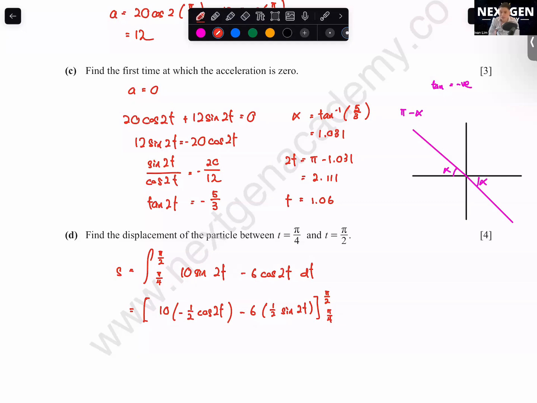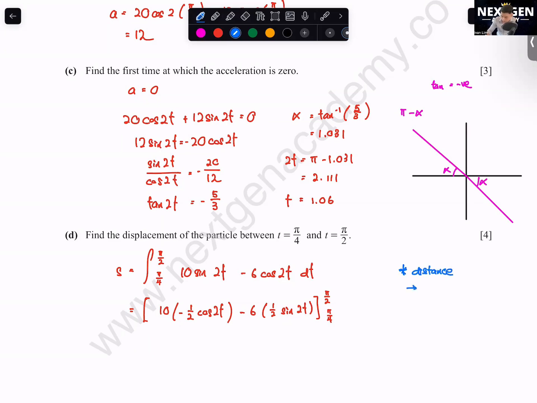What if they ask you to find V equals to 0? I want you to think, what is the keyword here actually? When do we need to find whether the particle changes direction or not? It's not because we found A equals to 0. Ah, very good, Revata says distance. Unless they ask you to find distance, then you need to check whether the particle reverses direction or not. Remember? So this one is distance.